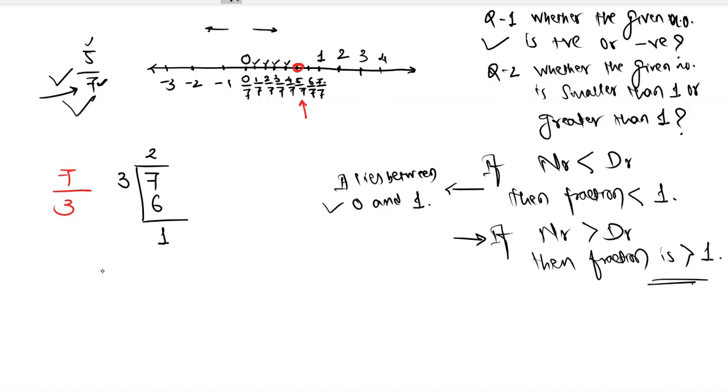So 7 by 3, the denominator will be 3, the quotient will be 2, and here I will write 1. So 2 3s are 6 plus 1 is equal to 7, right? So 7 by 3 is nothing but 2 1 by 3.